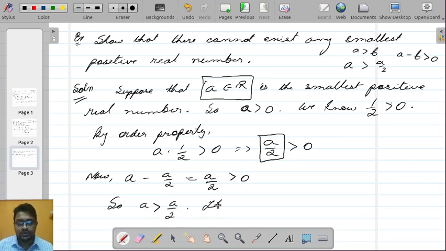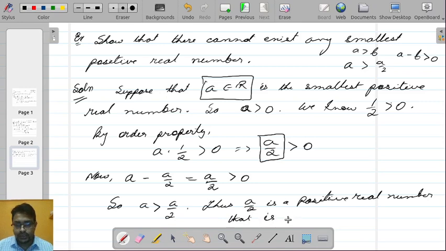Thus a by 2 is a positive real number that is smaller than a.